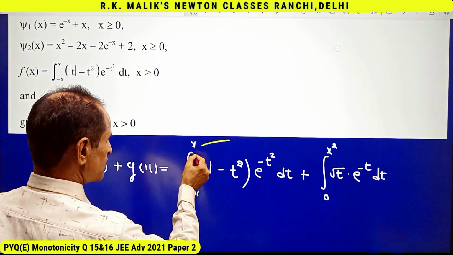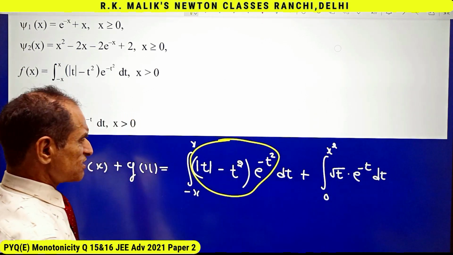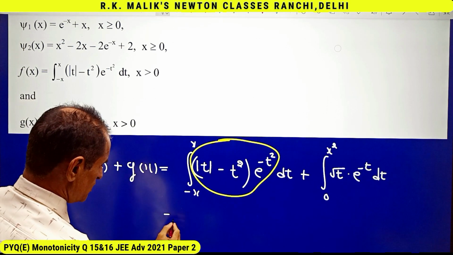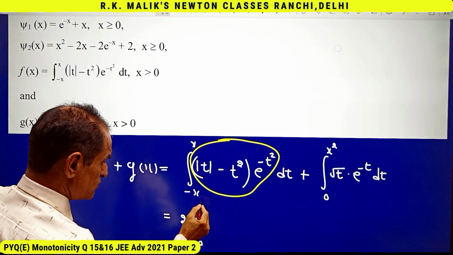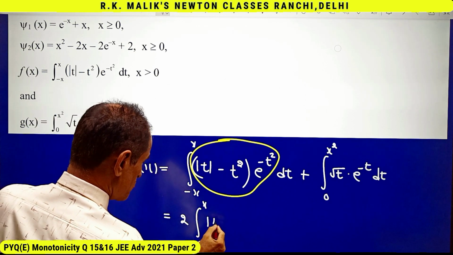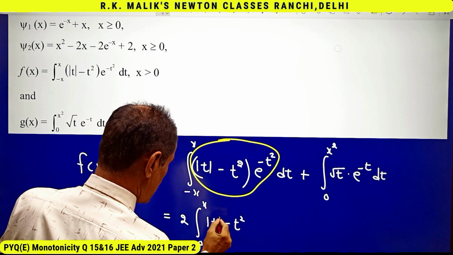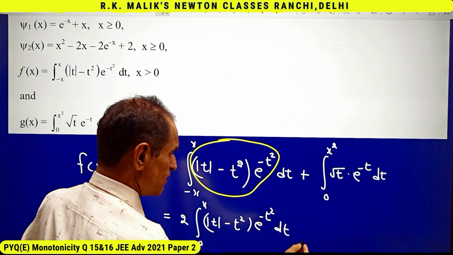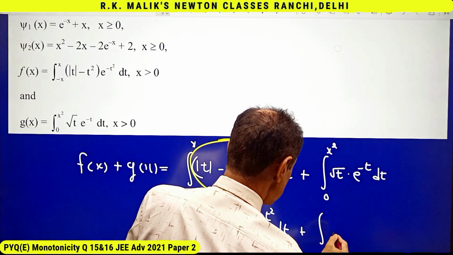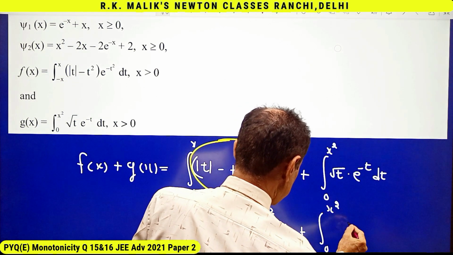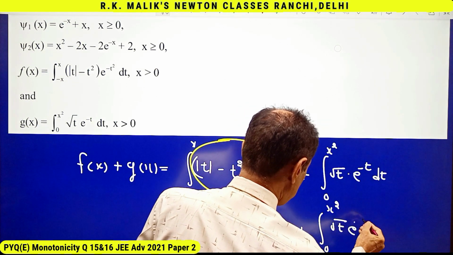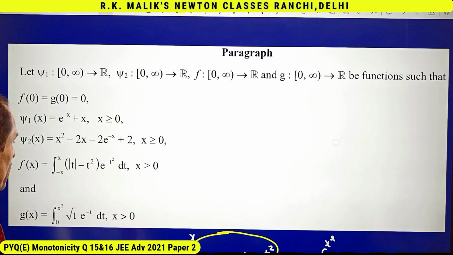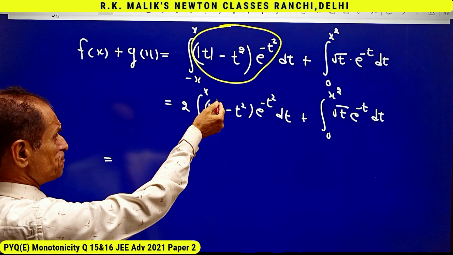The integrand of the first integral is clearly an even function. Hence, I will say this is equal to 2 times the integral from 0 to x of (|t| - t²) e^(-t²) dt plus the integral from 0 to x² of √t e^(-t) dt. According to the information given in the question, x everywhere is positive.